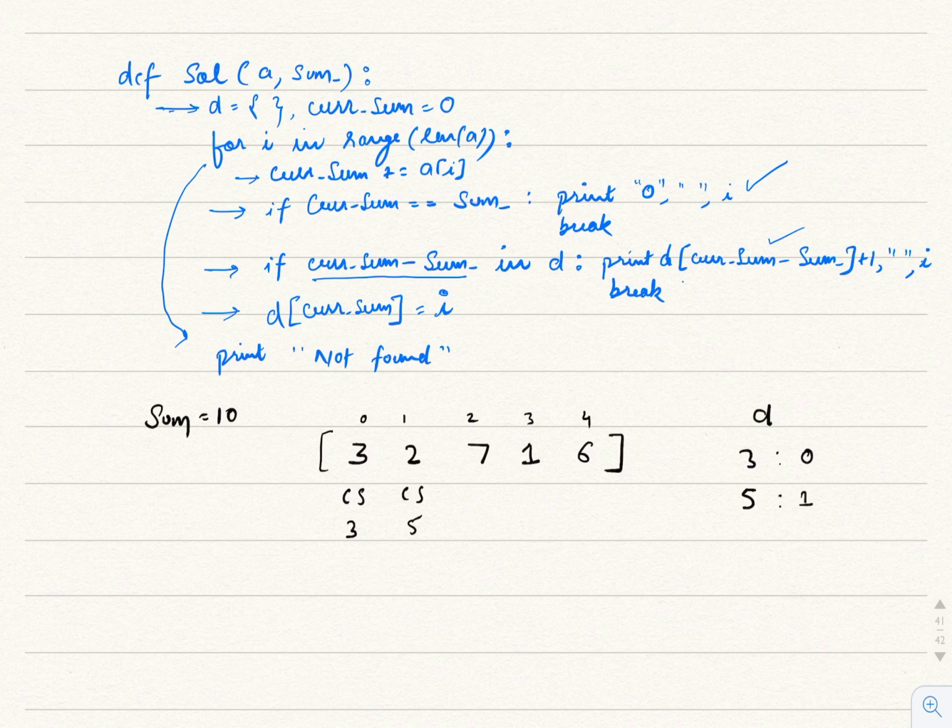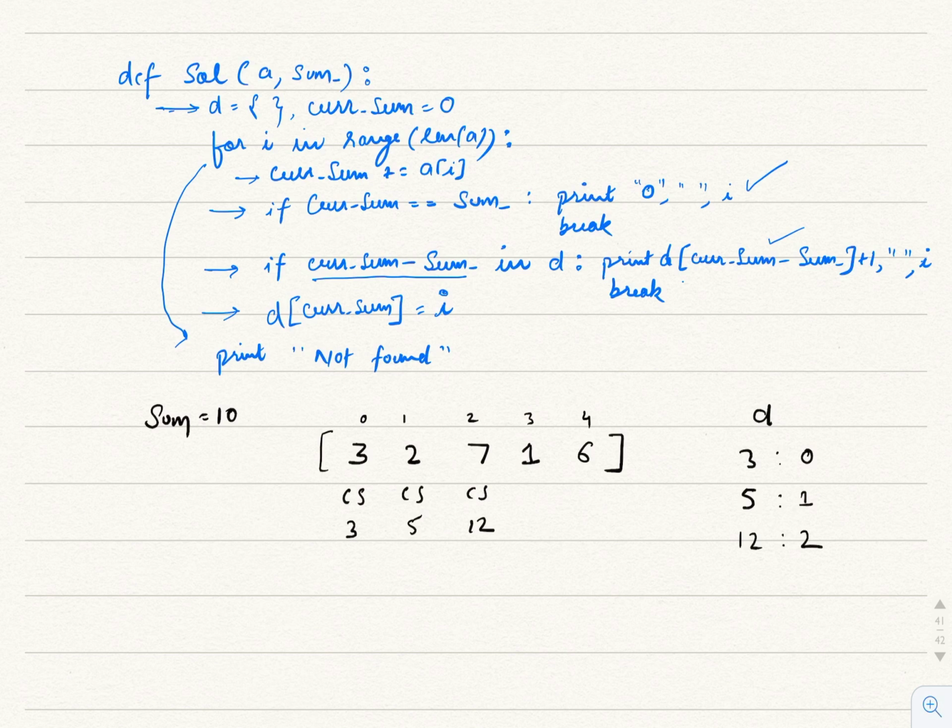We'll move to index 2. Here the current sum will be 7 plus 5, which will be 12. Is 12 equal to the given sum? No. Is 12 minus 10, which is 2, present in the dictionary? It is not. So we'll put 12 in the dictionary and assign the index to it, which will be 2.